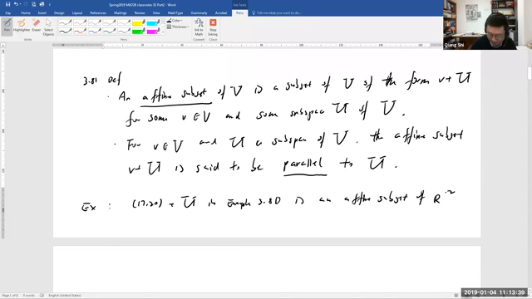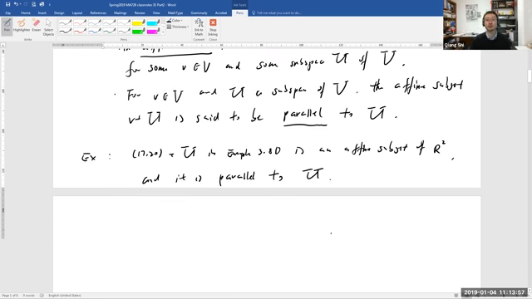Of course, it's a subset, but it's special because it can be written in this specific form. So we call it an affine subset of R2, and it is parallel to U. U is the straight line going through the origin with slope 2. This one is also a straight line with slope 2, but not going through the origin, going through the point (17, 20).